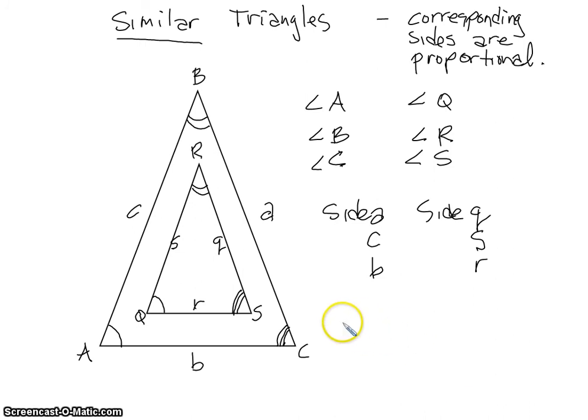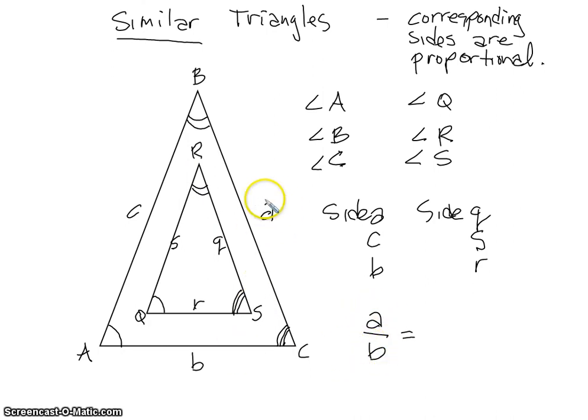Now, what happens with these is we can write all kinds of proportions. We can say that side A over side B, so this side from the big triangle over this side from the big triangle, would equal, let's see if you can figure out what two sides those would be. The question is, what two sides from the small triangle correspond to the same two sides from the big triangle?